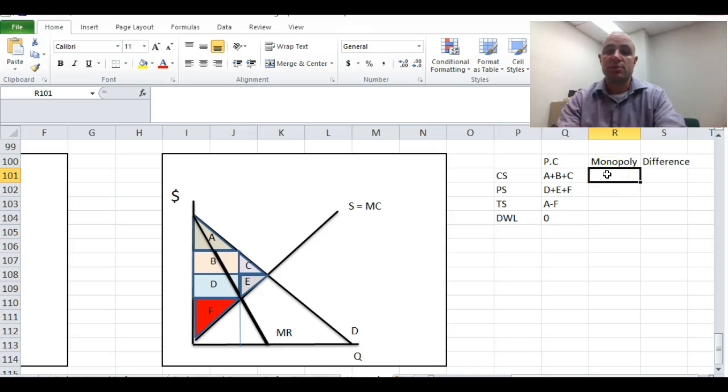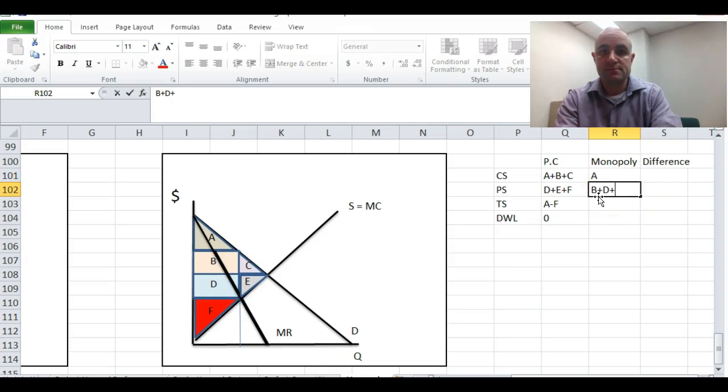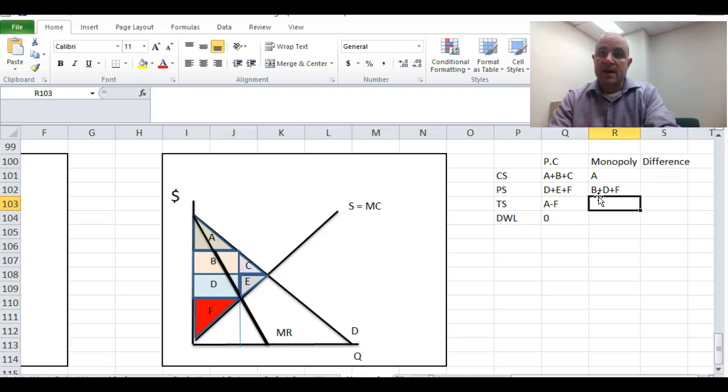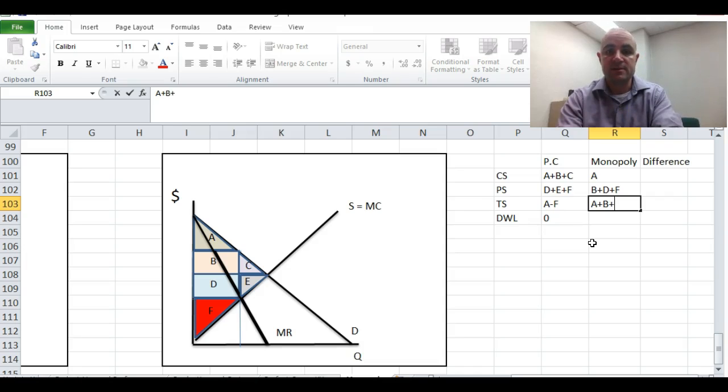And so the consumer surplus is only going to be A. The producer surplus, the difference between what they're willing to sell for and what they did sell for, the area above supply, below the price, up to the quantity, is areas B, D, and F. And so the total surplus, all the consumer plus producer, is going to be A, B, D, and F.